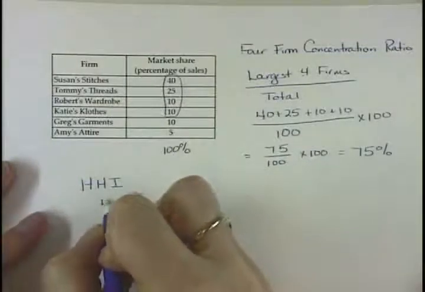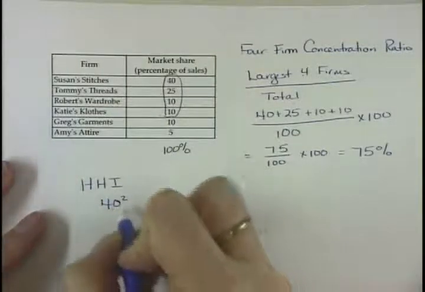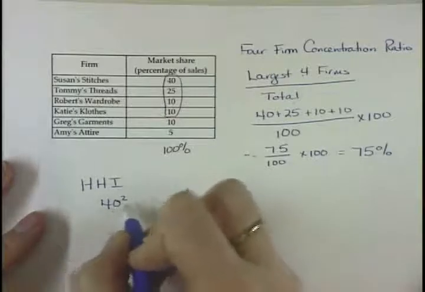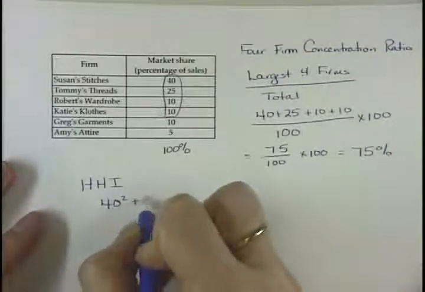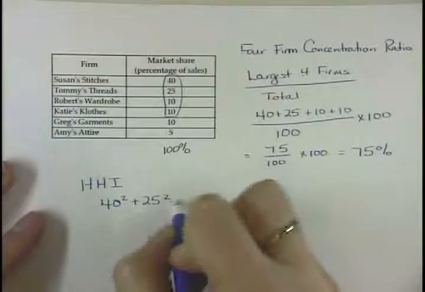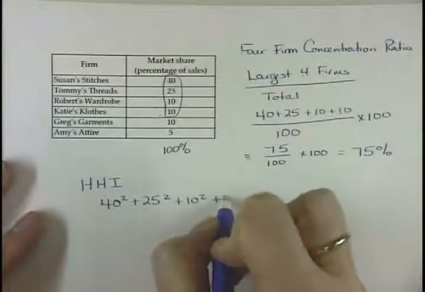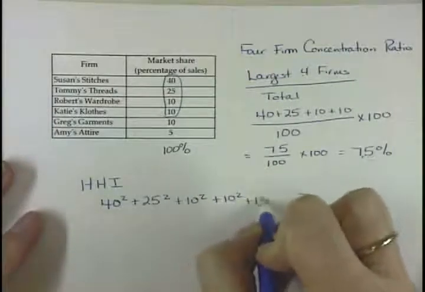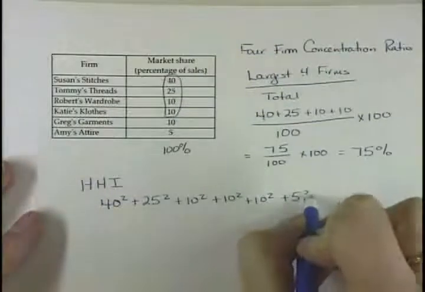So for the HHI, we'll take 40 squared plus 25 squared plus 10 squared plus 10 squared plus 10 squared plus 5 squared.